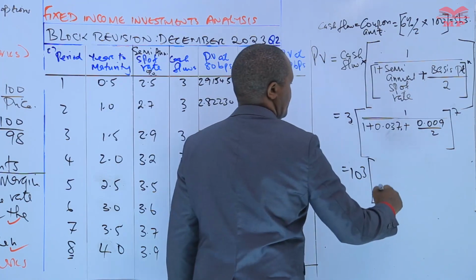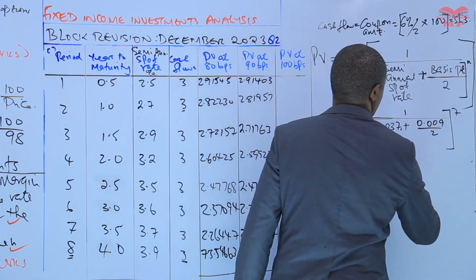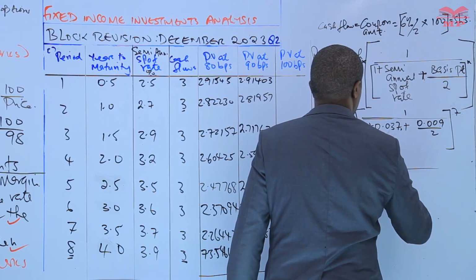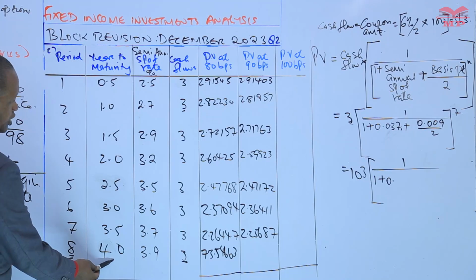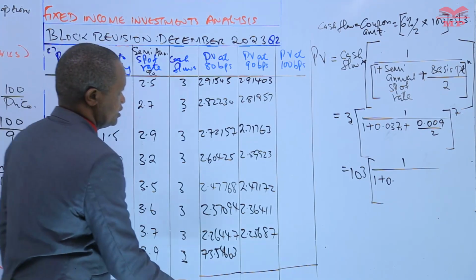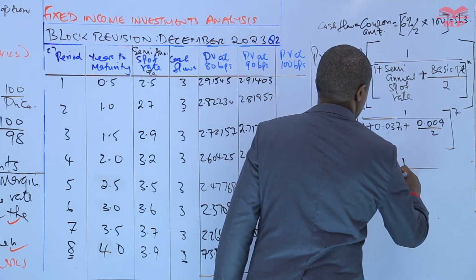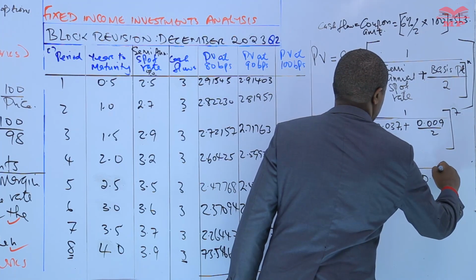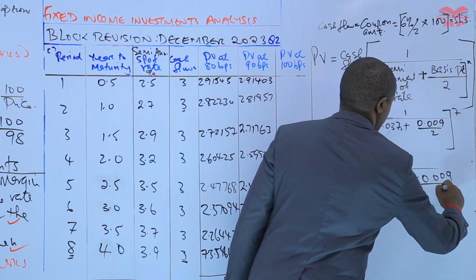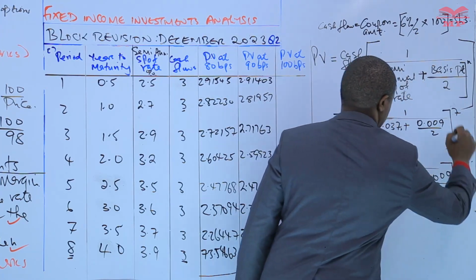Then lastly, we have the coupon amount plus the cash flow or the interest, 103. We multiply by 1 over 1 plus the 8th period semi-annual spot rate 3.9, 0.039 plus 0.009 divided by 2, and we raise to 8.